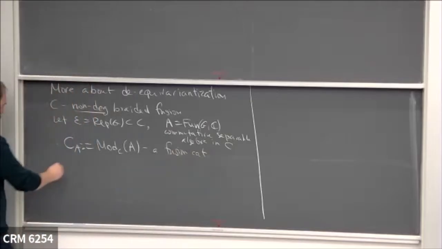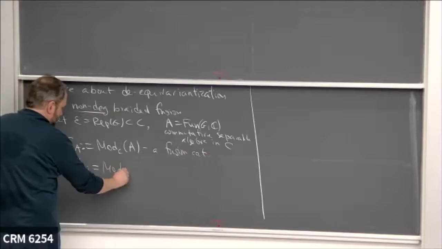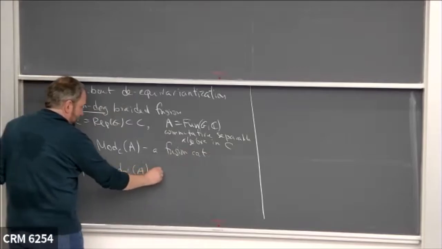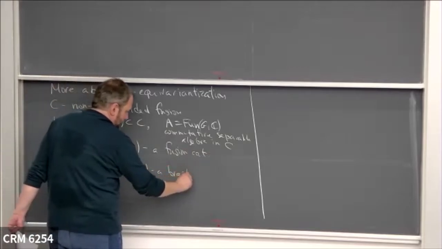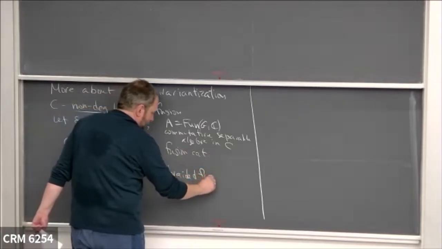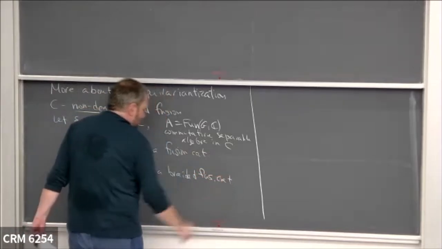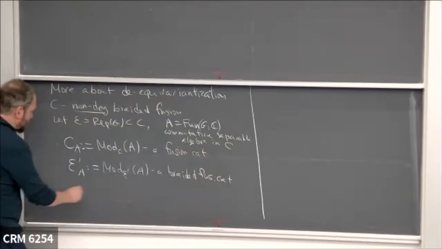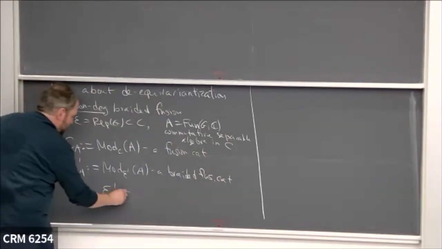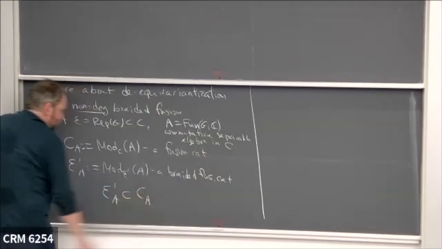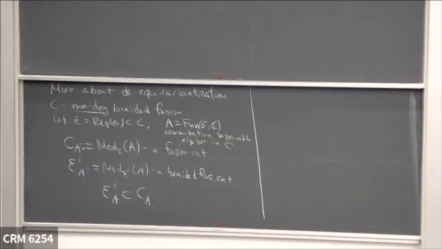Or we can take A-modules inside the centralizer of E, and that's a braided fusion category. So what we have is a braided category sitting inside a fusion category. Let's try to understand the relation between the two.